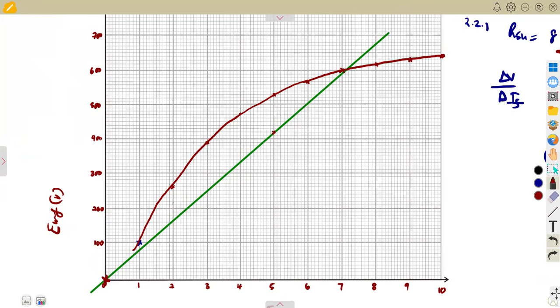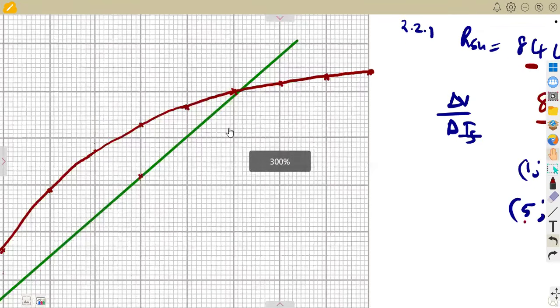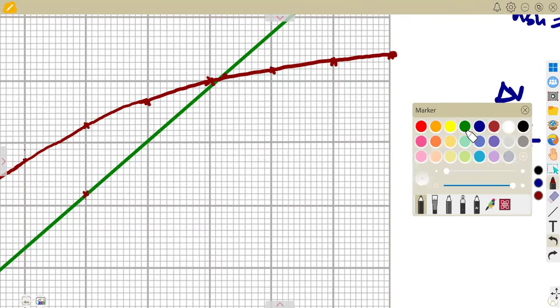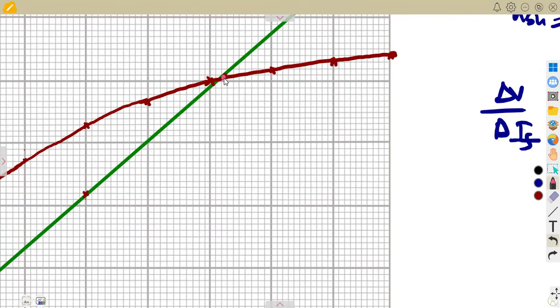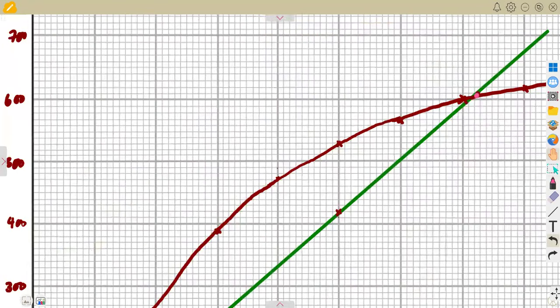But where is the voltage at the open circuit, which is the no load voltage, at the intersection where these two are intersecting? So these two were intersecting approximately somewhere there, which is just a little bit above the 600. Remember, a box represents 10.